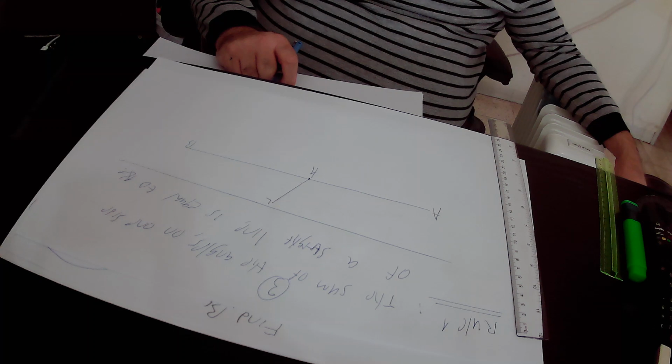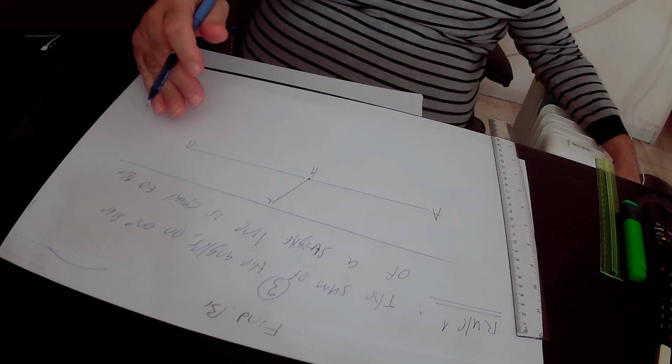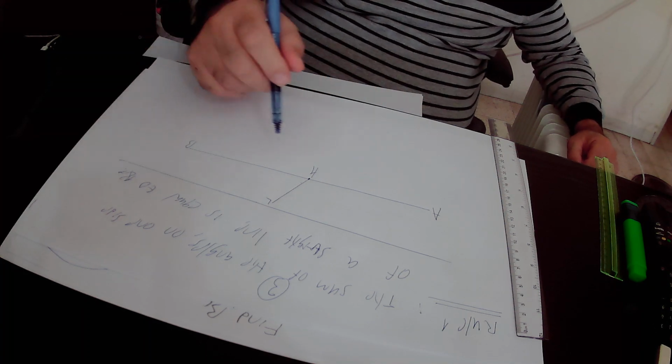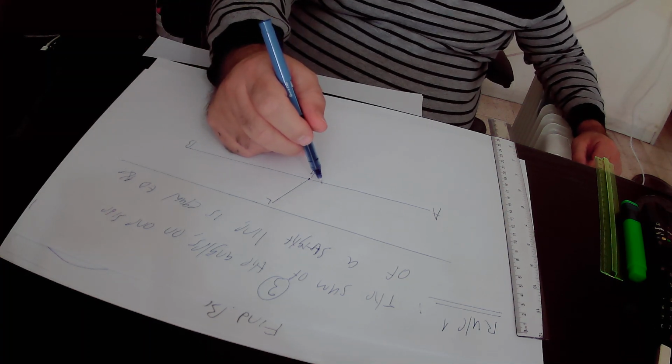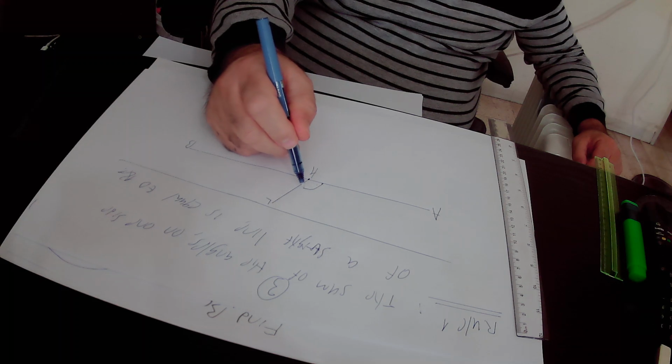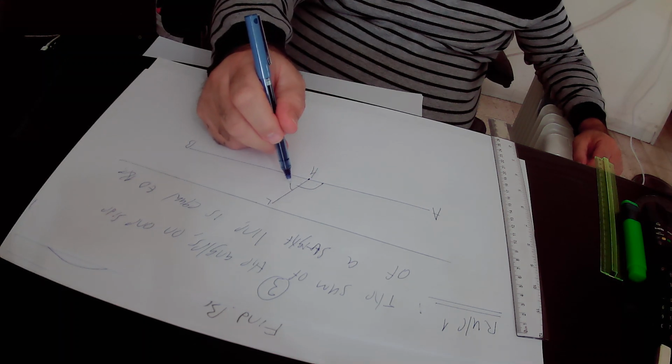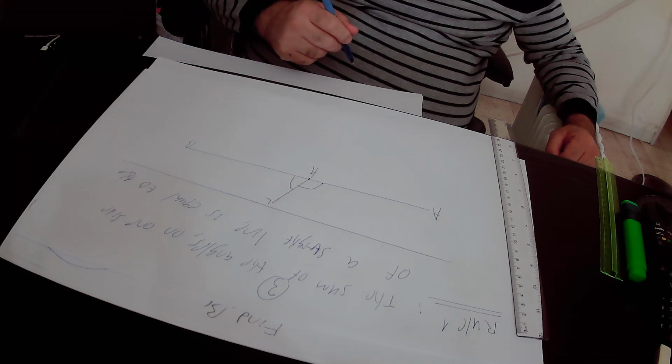So if we focus on the upper side of the straight line AB at point K, which angles do we have? At the upper side of AB at point K, we have this angle LKA, plus this angle LKB.